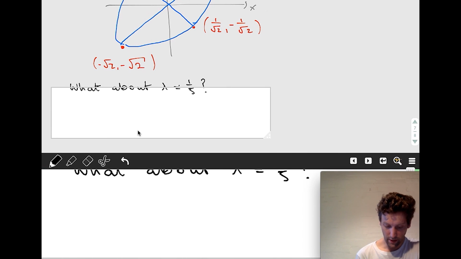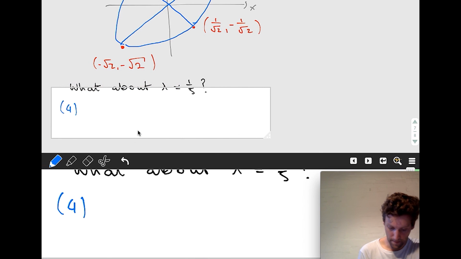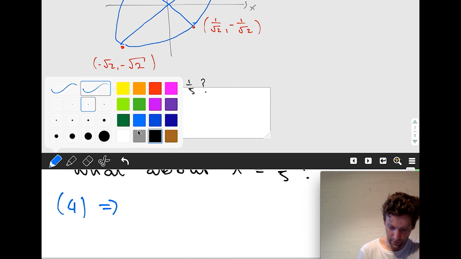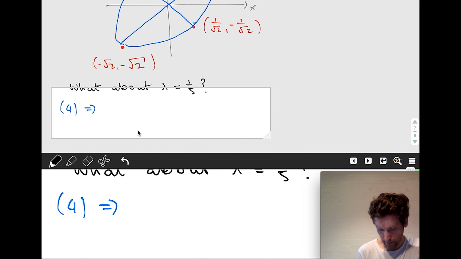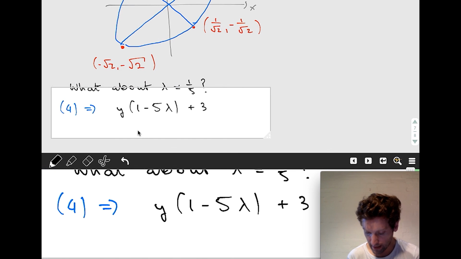Well, we saw that expression 4 told us that y times 1 minus 5 lambda plus 3 lambda x was equal to 0.